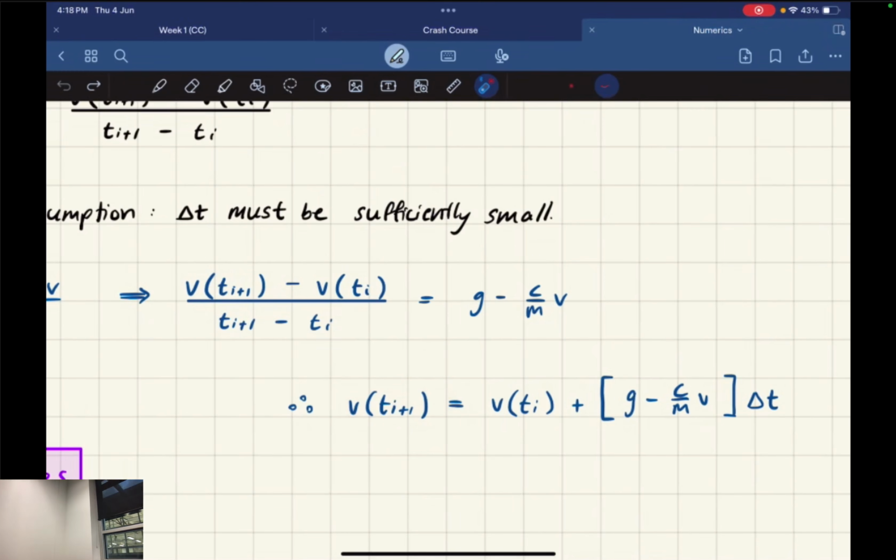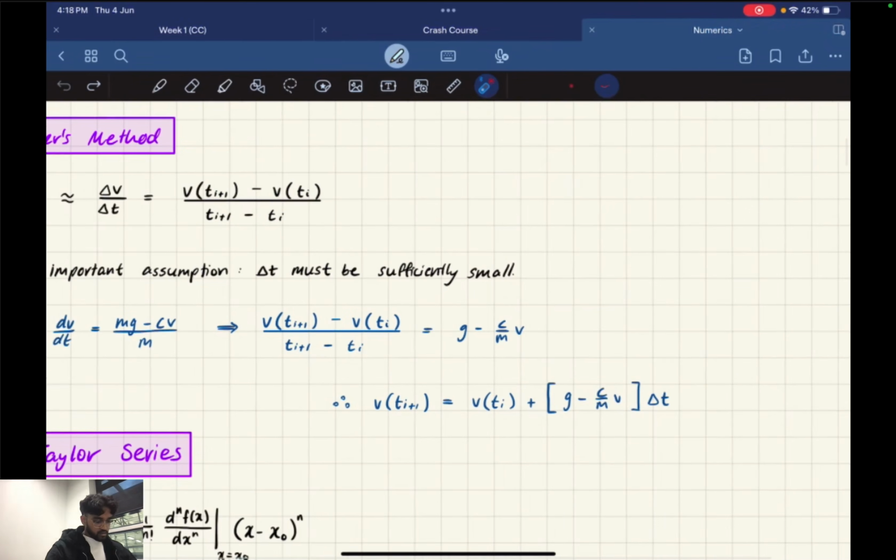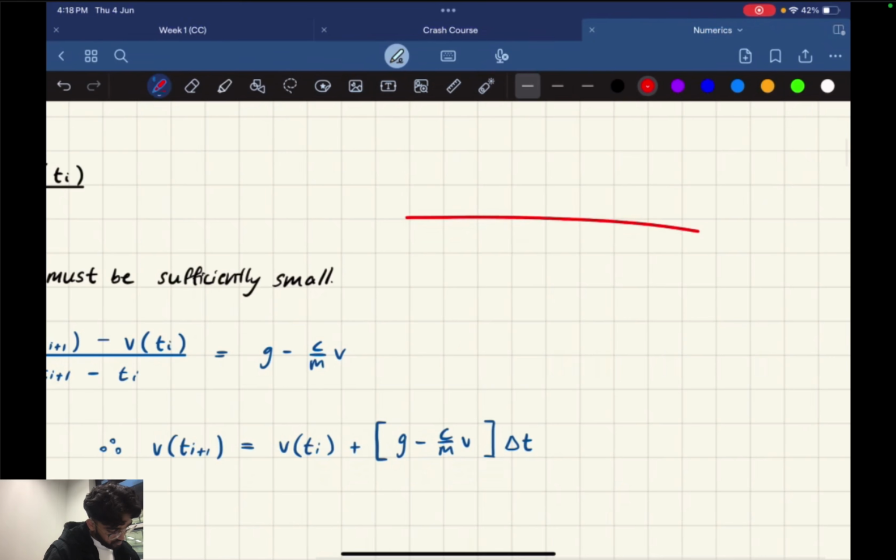Let me just draw this out. Alright, draw it up on here. So I've got a number line.